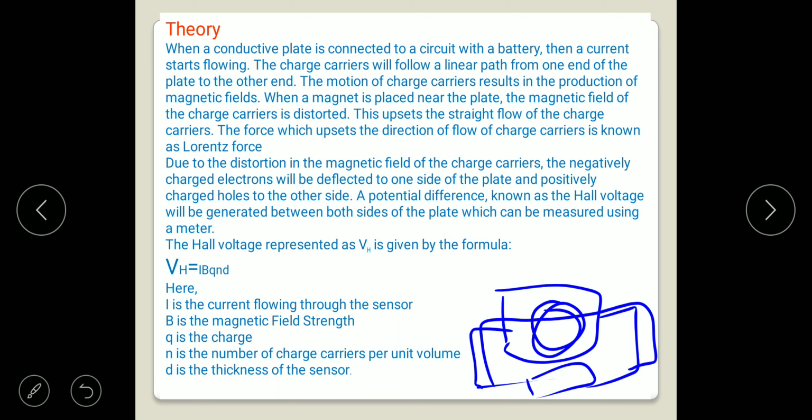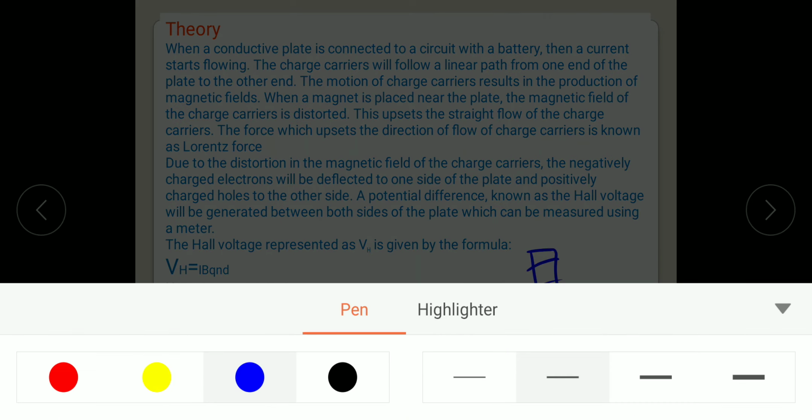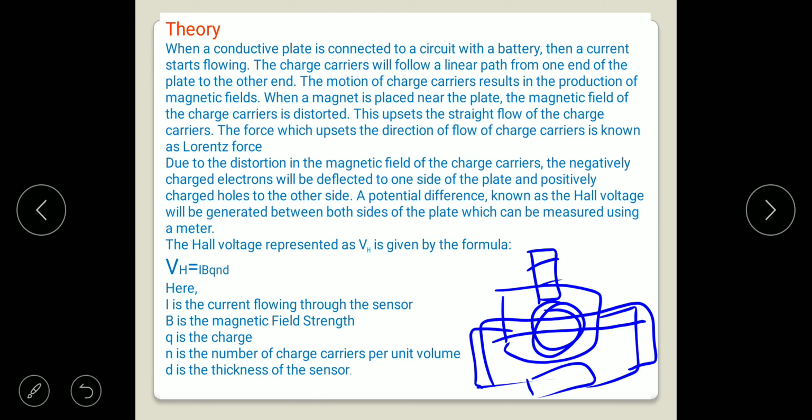When we place a magnet near that linear path, the path is distorted, and we get charge carriers, plus here and minus here, and the voltage across them is measured using the voltmeter.